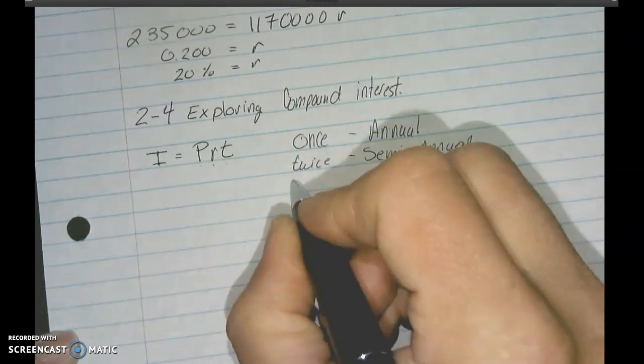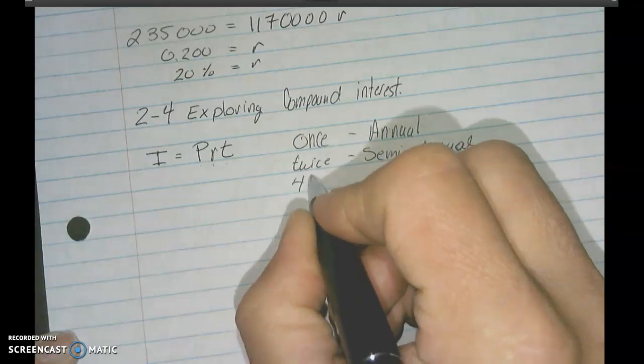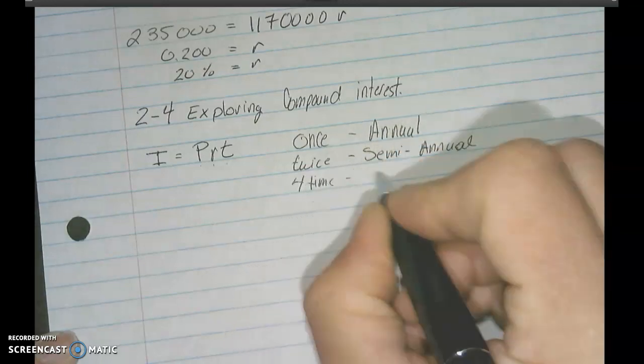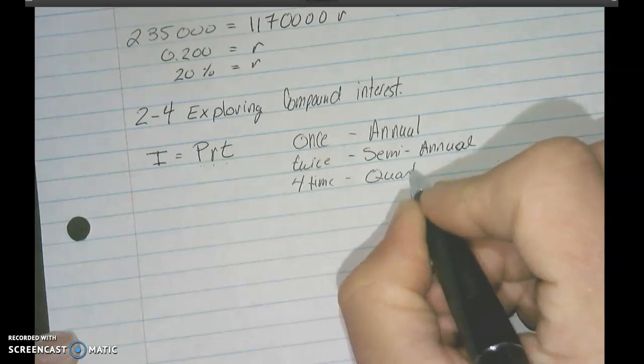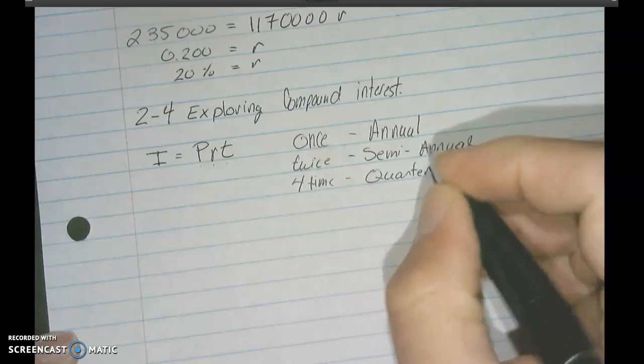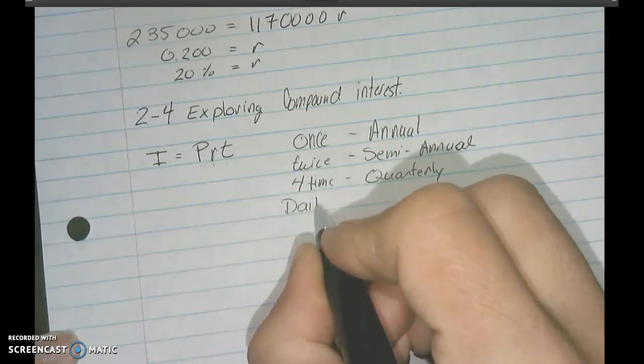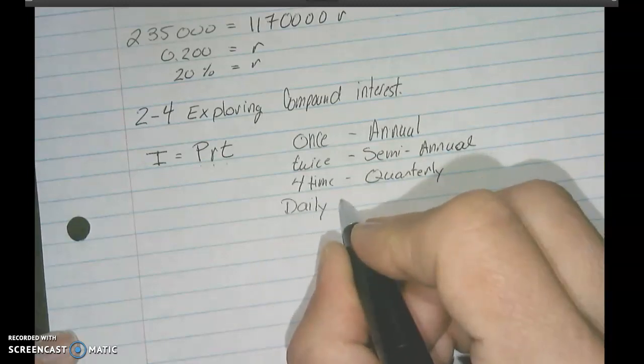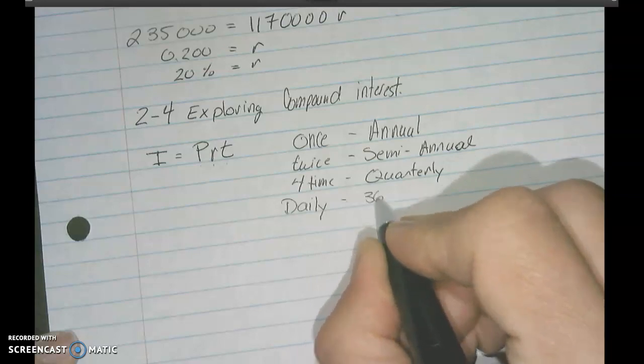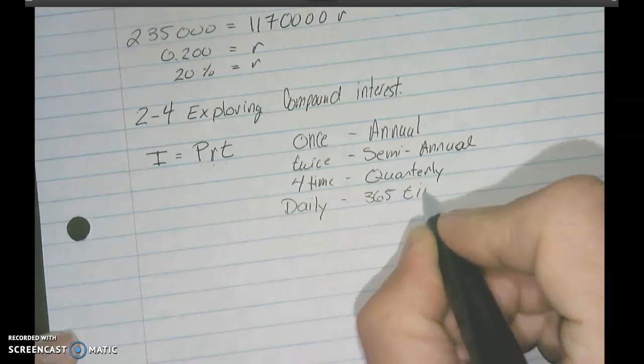Quarterly is going to be 4 times. And then I think the other one we're going to work with is daily, and so that's obviously going to be 365 times.